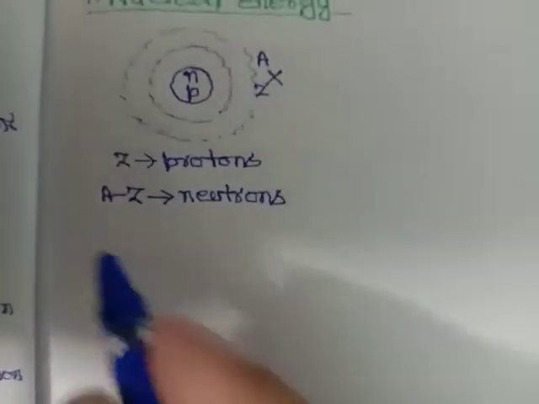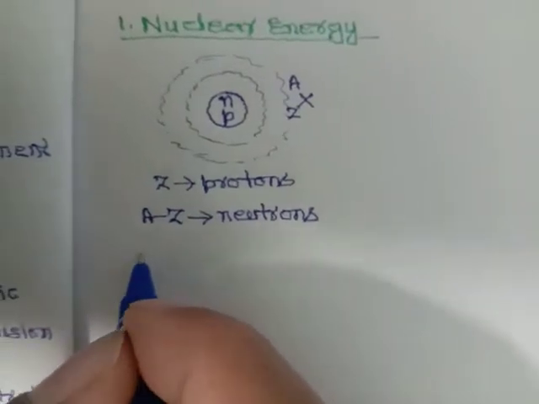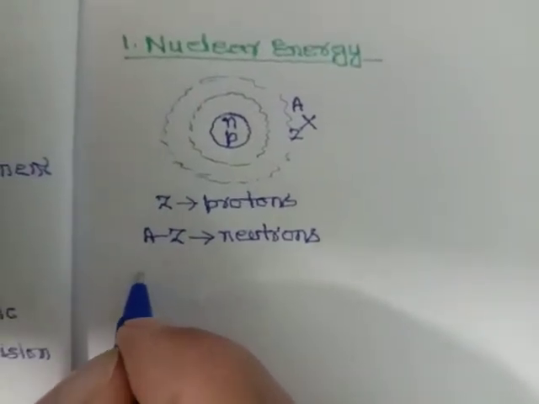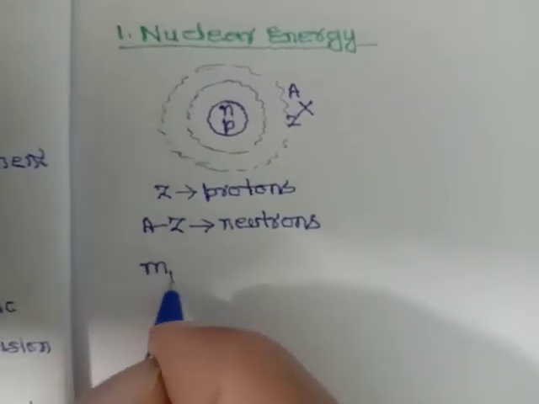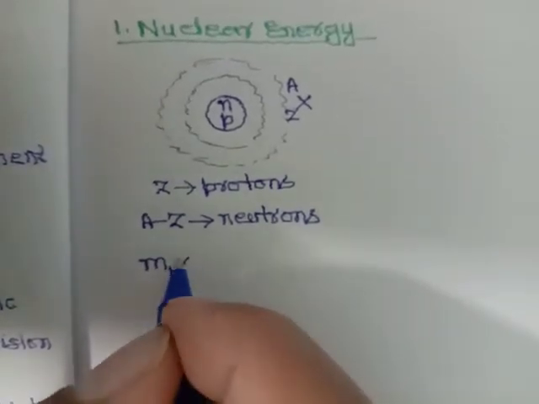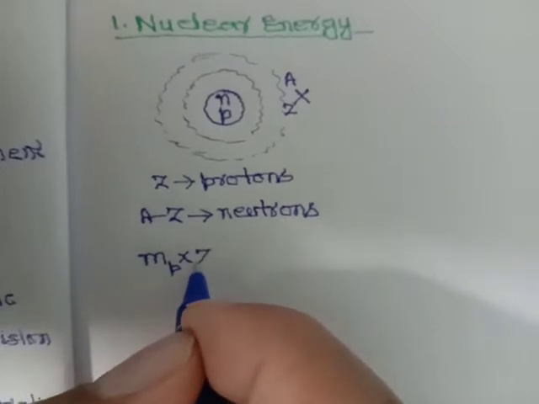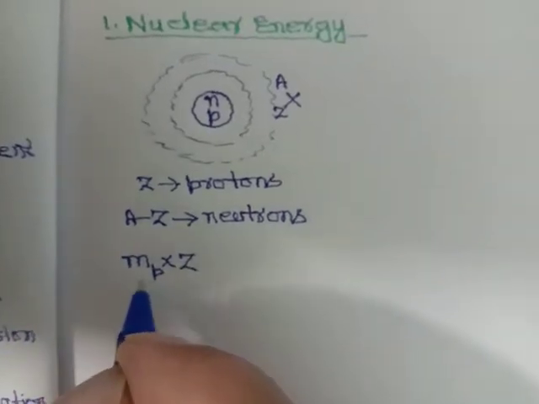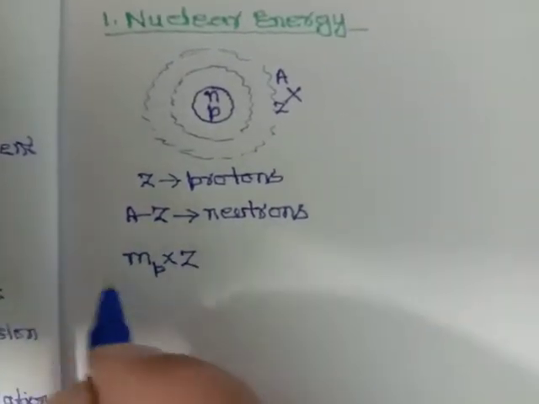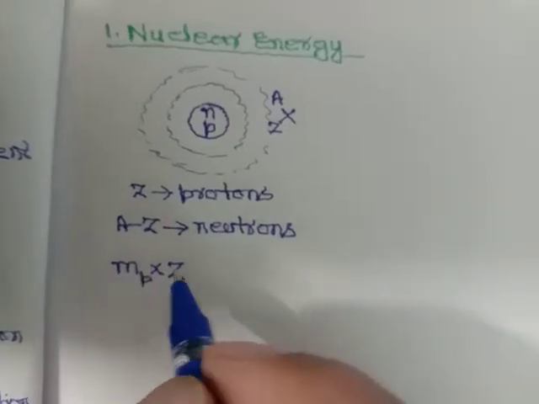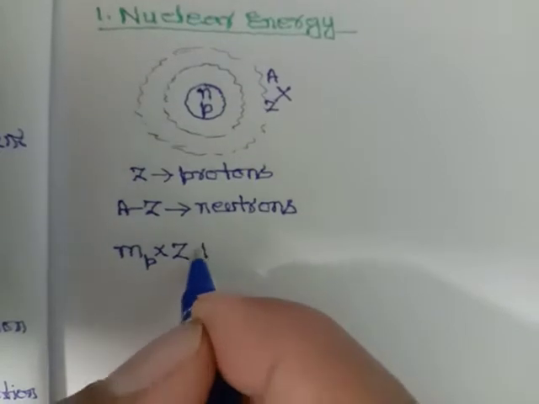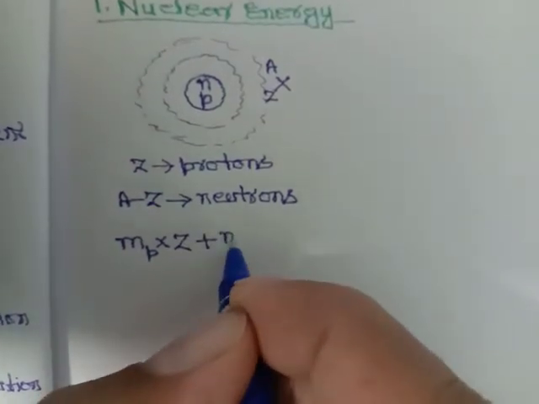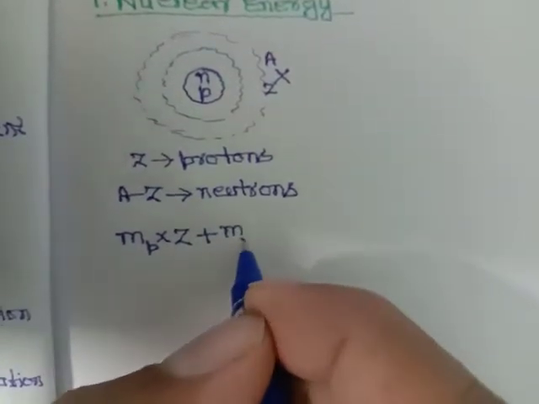Generally what happens, the sum of the mass of all the protons, mp is the mass of one proton and Z is the number of protons, so this will give you the total mass of the protons plus the mass of all the neutrons.